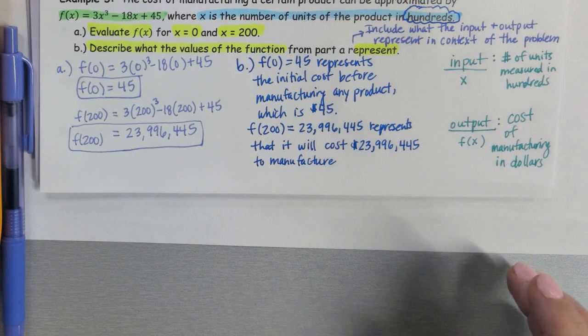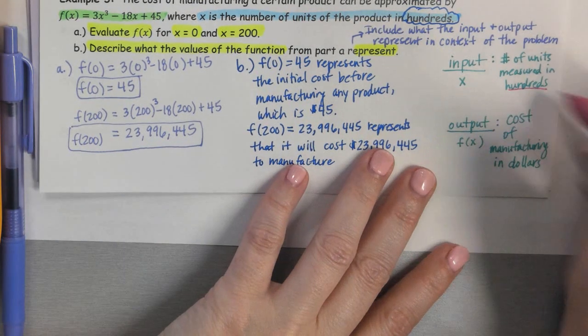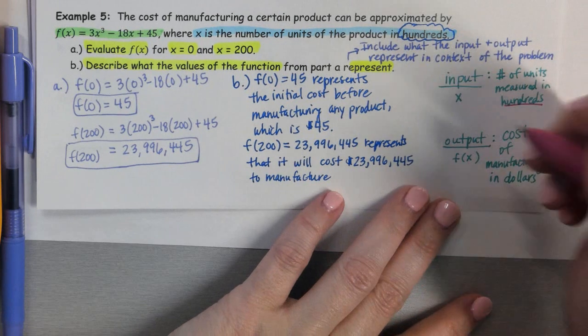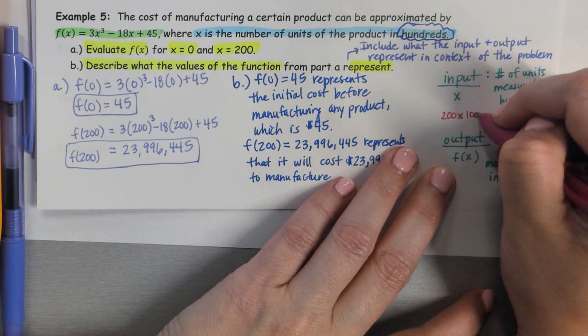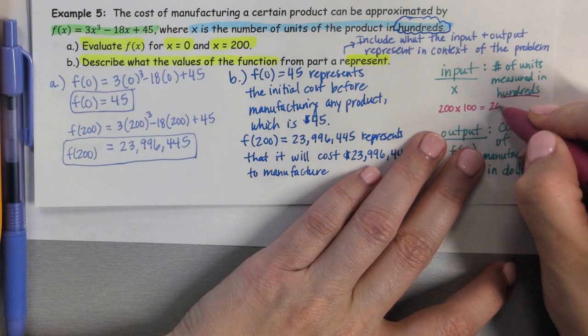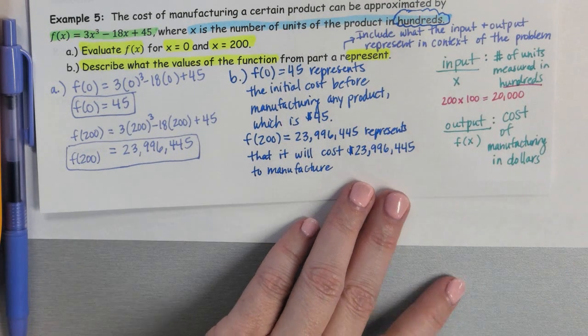Yeah, I asked you that on purpose because I knew it was tricky, right? Because this is measured in hundreds, it's not 200, it's 200 times 100. 200 times 100 is 20,000. So the 2 and then the 4 zeros.